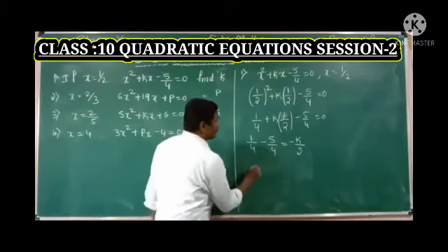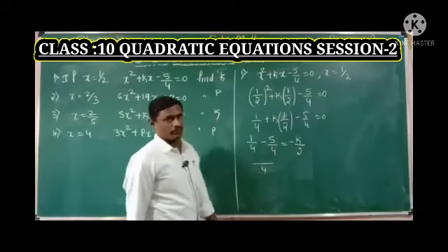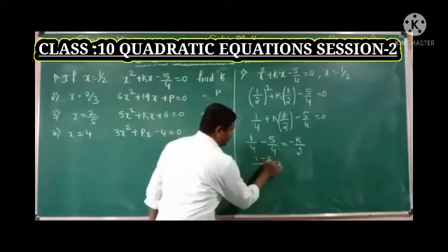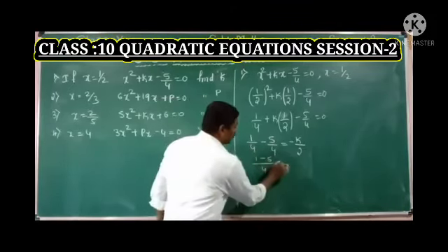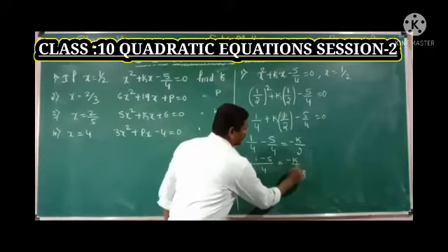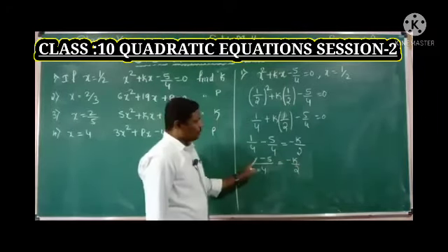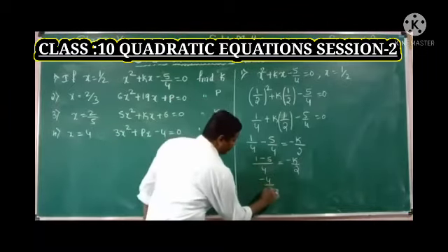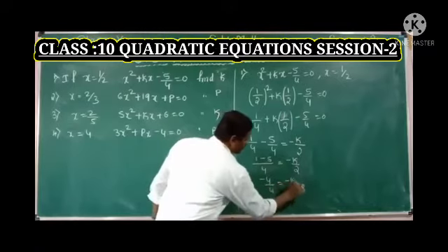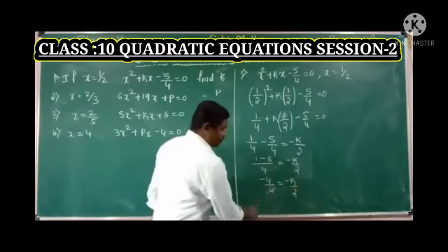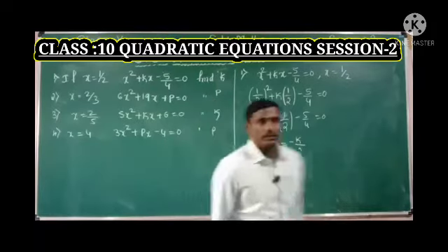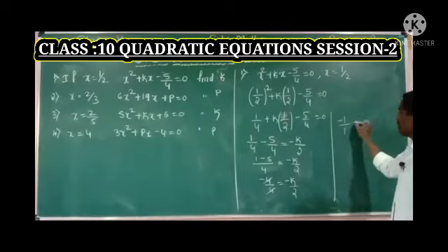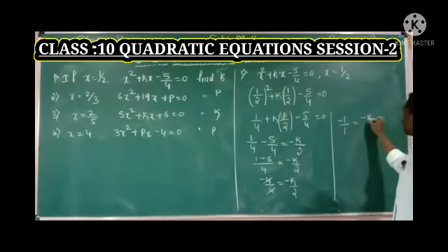The denominators are the same, therefore the LCM is 4, so just subtract the numerators. 1 minus 5 means minus 4 by 4, which is equal to minus k by 2. 4 ones are 4, so we have minus 1 by 1 is equal to minus k by 2.